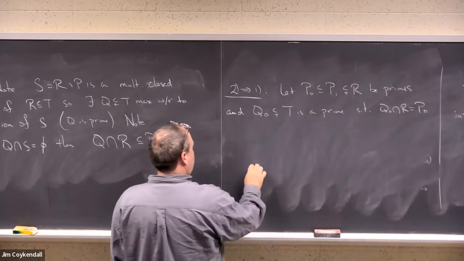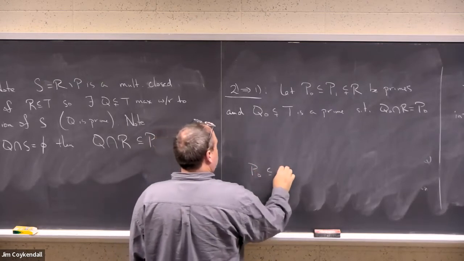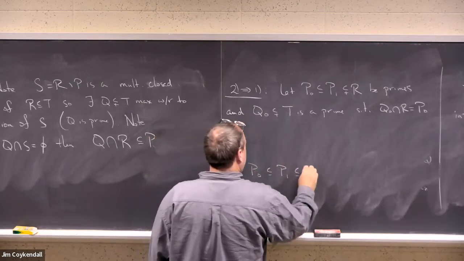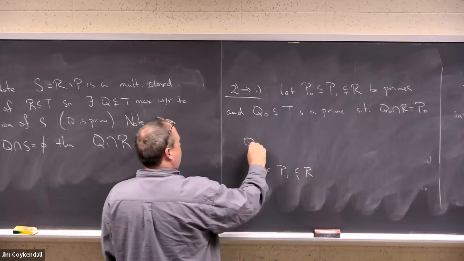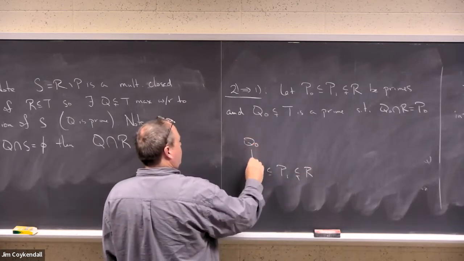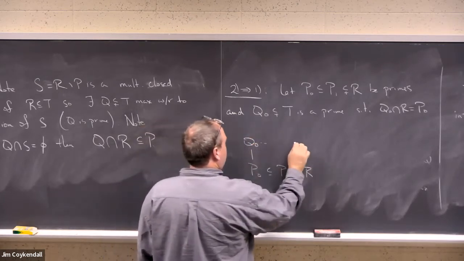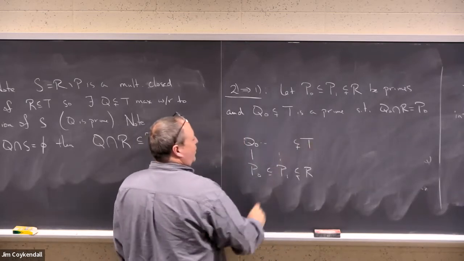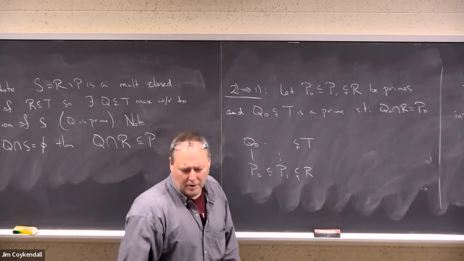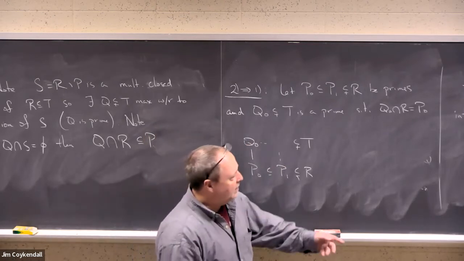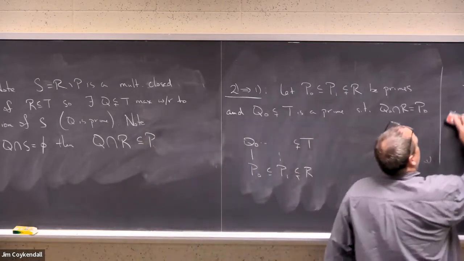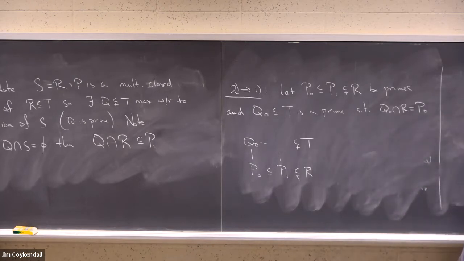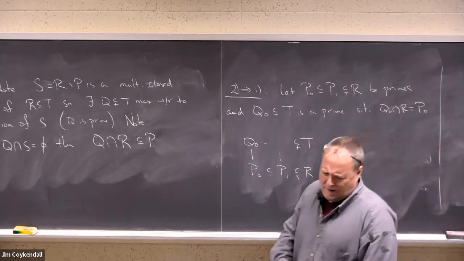So here's the situation we've got. What we've got to do is build this Q1 now. That's the burden, and we get to use property 2 to help us out.